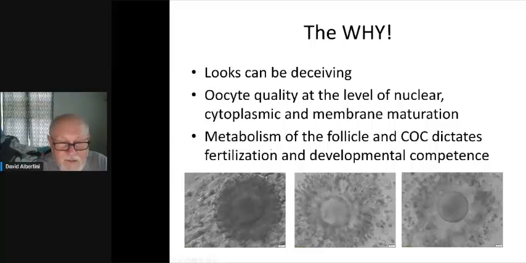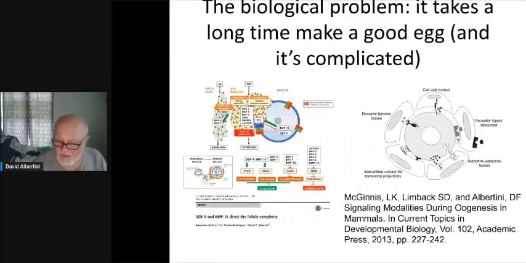And the punchline for this lecture is that it does seem to be the metabolism of the follicle and the cumulus oocyte complex that dictates the fertilization and developmental competence of human eggs.